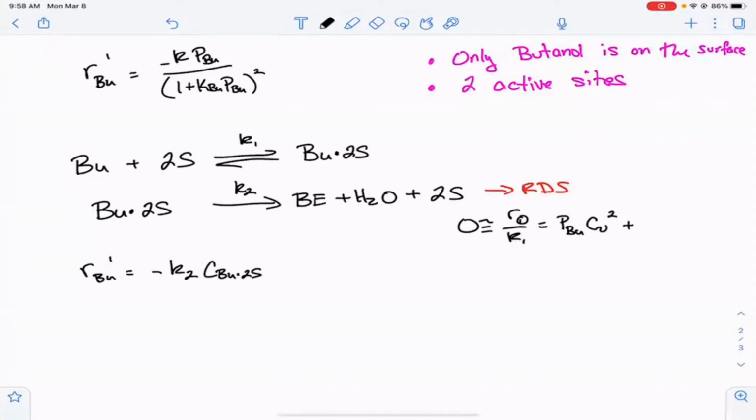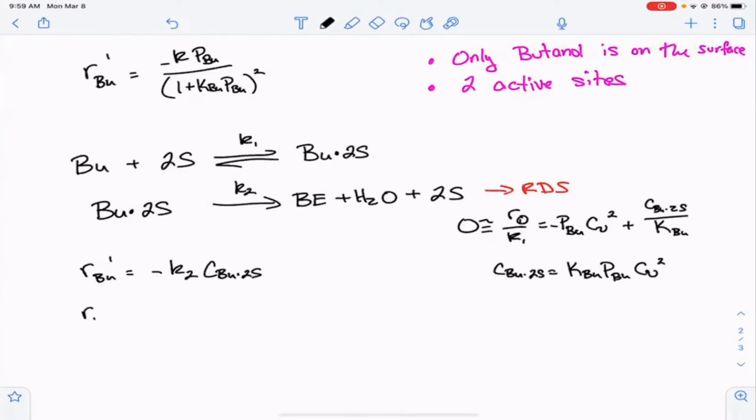And then that becomes minus, and then plus CBU.2s divided by, we'll call that KBU. And we can solve for this. CBU.2s then equals K butanol times the pressure of butanol times CV squared.